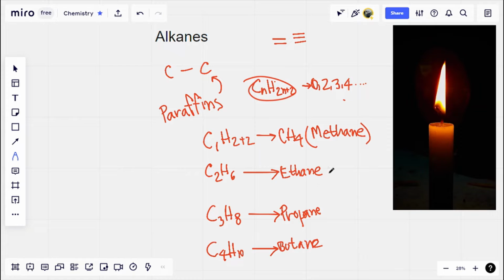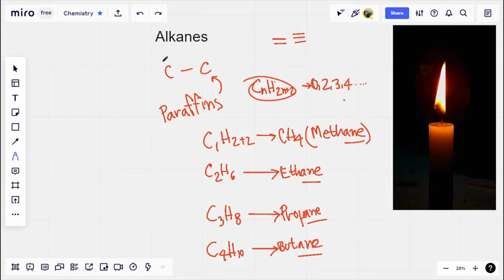So if you look closely, there is a common suffix on every alkane, A and E: methane, ethane, propane, and butane. So if you want to know if a hydrocarbon is an alkane or another type, just look at the suffix, and if the suffix has "ane" on it, this would be an alkane.